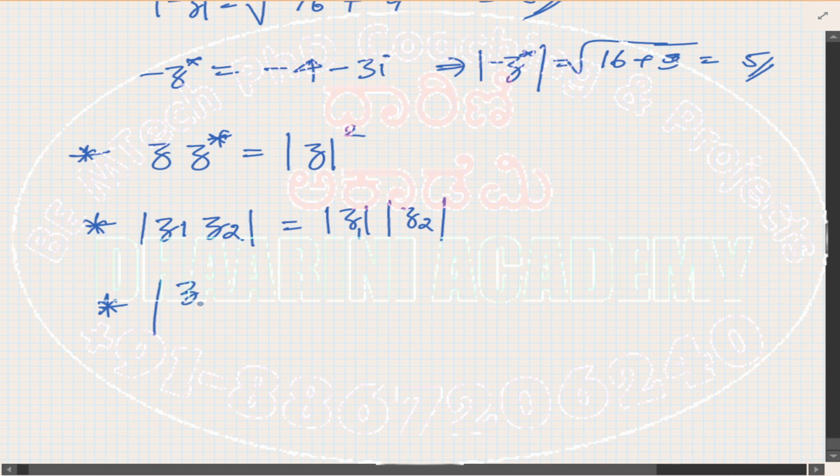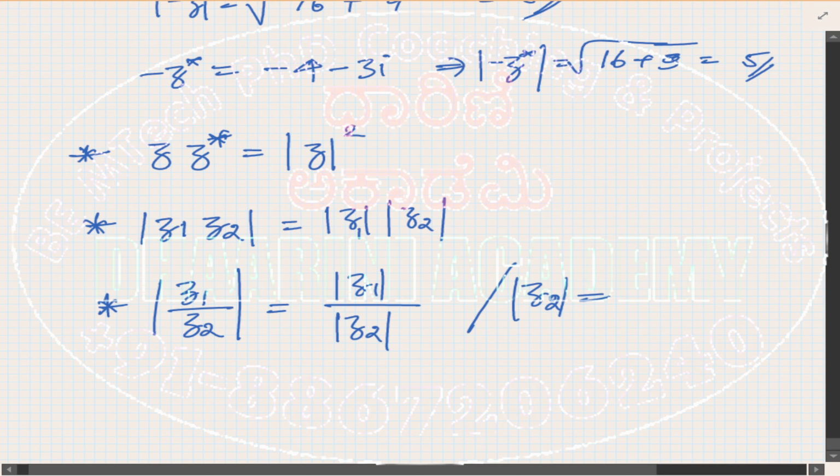Magnitude of z1 by z2 is always equal to magnitude z1 by magnitude z2. But note that the magnitude z2 cannot be equal to zero, otherwise it becomes infinity.